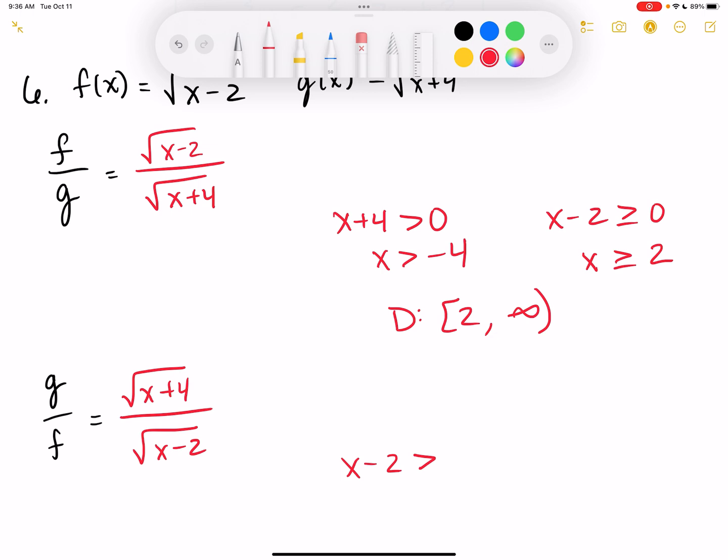It can't be 0, so greater than 0, just greater than. So x is greater than 2. And then we can do the same thing for the top. But the top just can't be what? Negative. Okay, the top can be 0, so it is going to be greater than or equal to. So it's greater than or equal to -4.